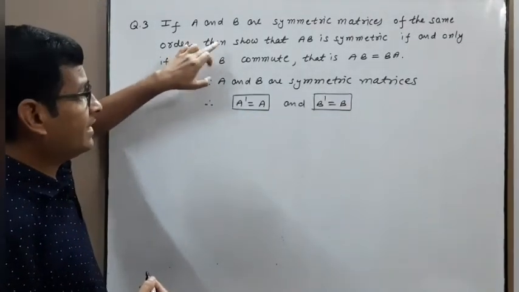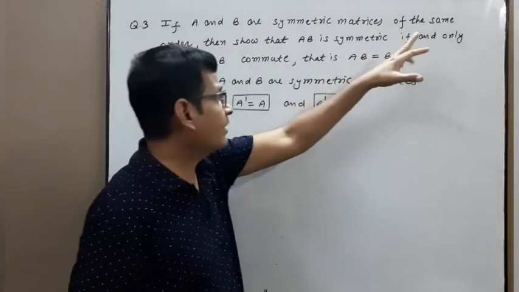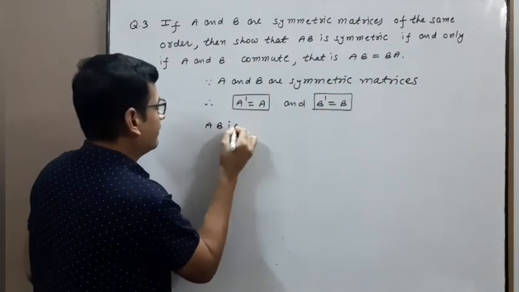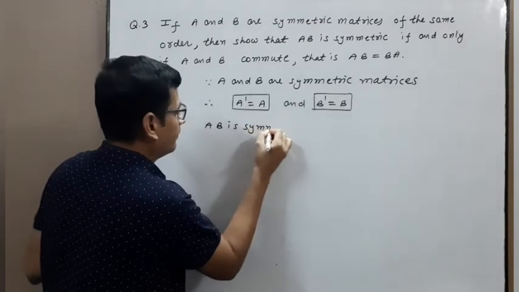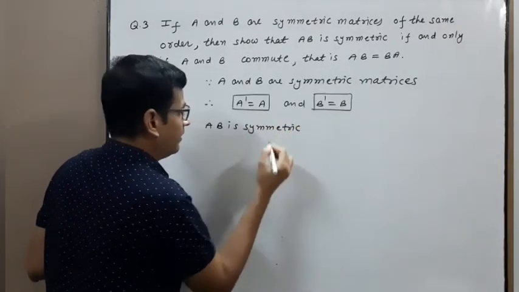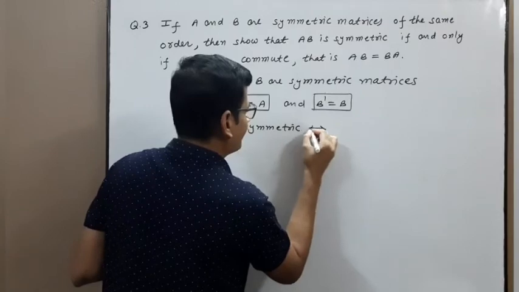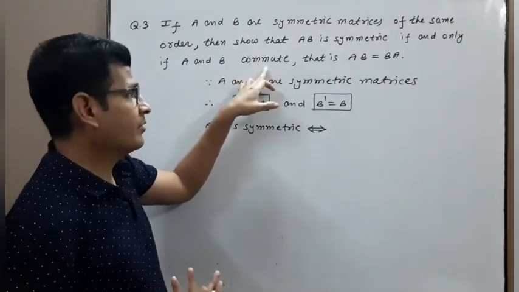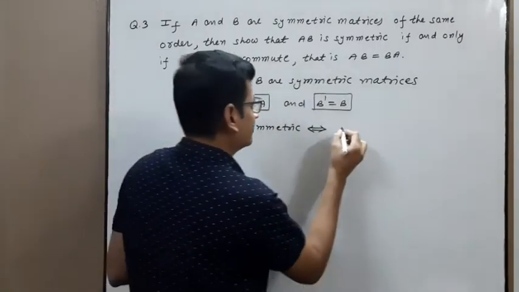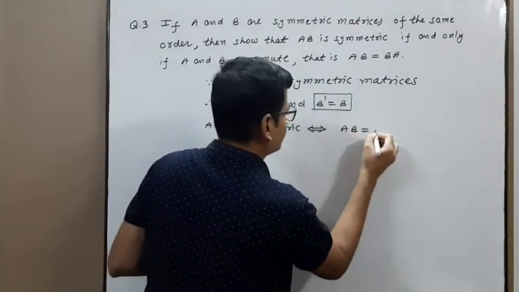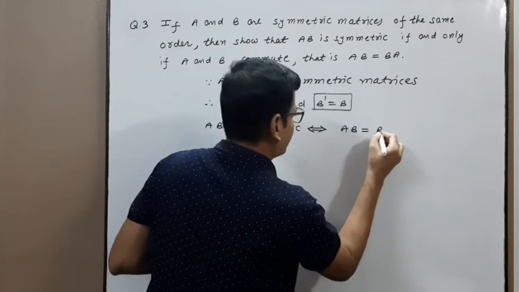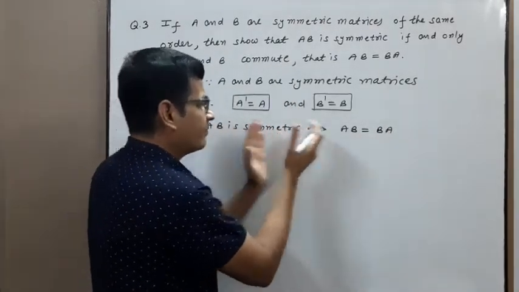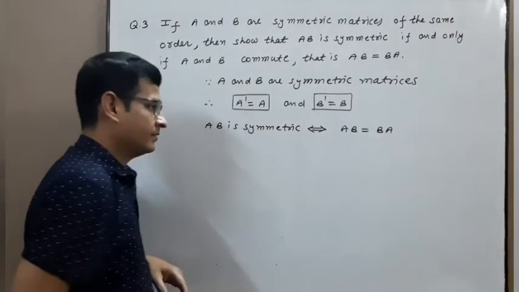Then show that AB is symmetric if and only if A and B commute. If and only if means double implies. A and B commute means A and B are commutative, means AB equal to BA. So prove this question from both sides. Start from AB symmetric and prove this, and vice versa.